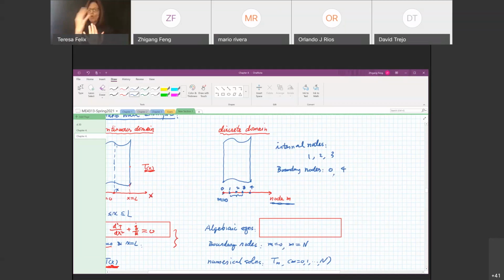Okay, so if you divide the wall into 4 elements, then you will have 5 nodes with 2 boundary nodes and 3 internal nodes, and between 2 adjacent nodes, let's say between 0 and 1 or between 1 and 2, there is a space, and we call that delta x. That's the spacing.